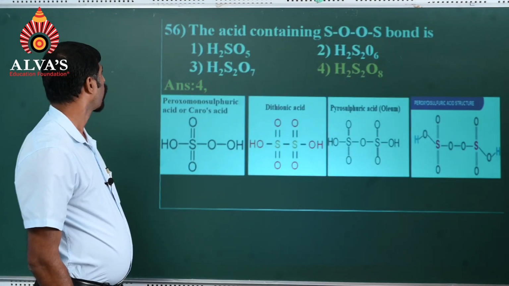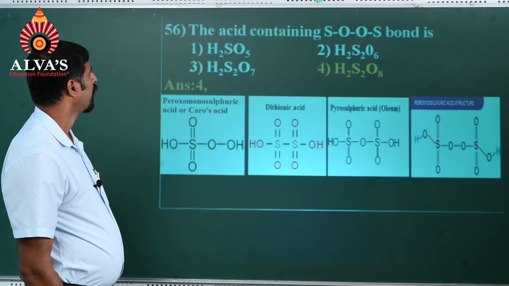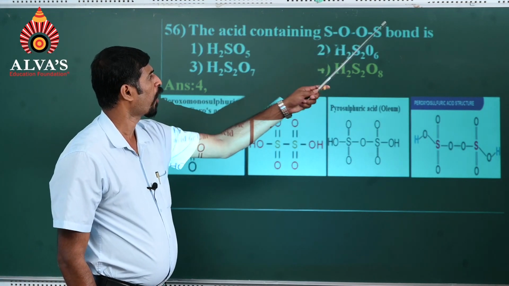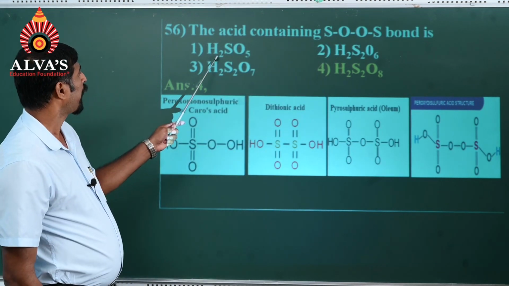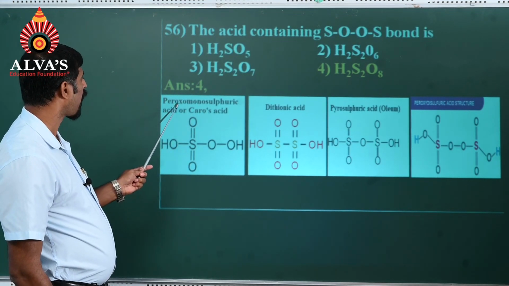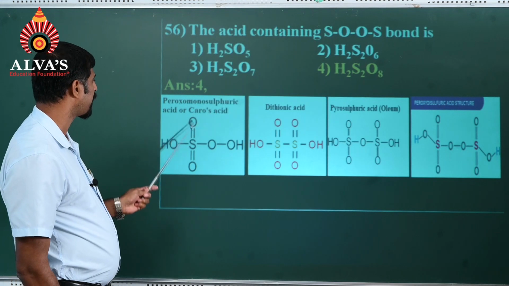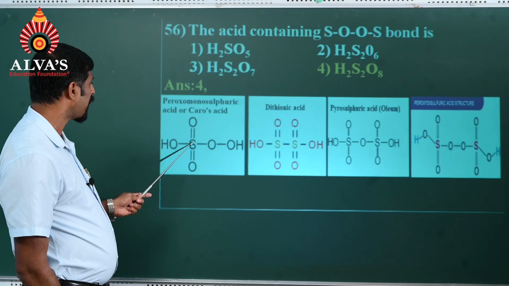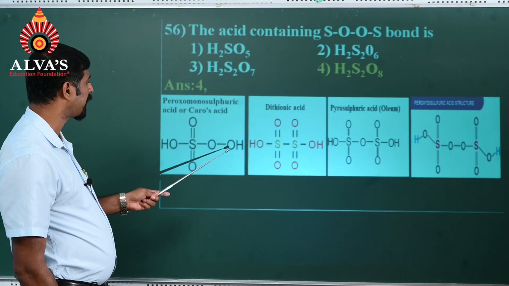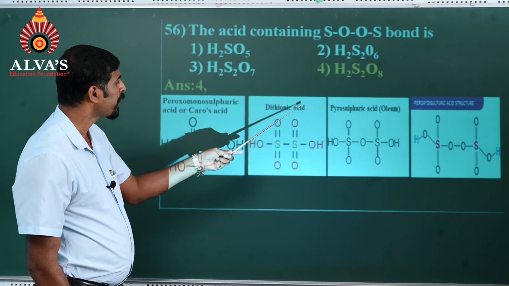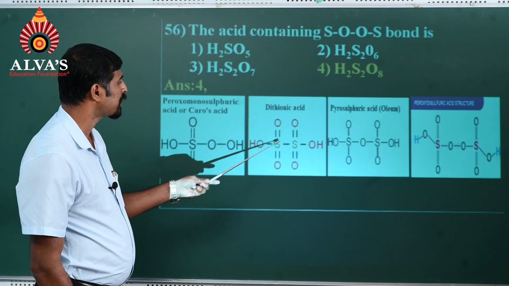Next we will move on to question number 56. The acid containing S-O-O-S bond is. Now, H2SO5 is called peroxomonosulfuric acid, or otherwise called Caro's acid. In that, S-O-O linkage is present. This is called peroxide linkage. In dithionic acid, S-S linkage is present.